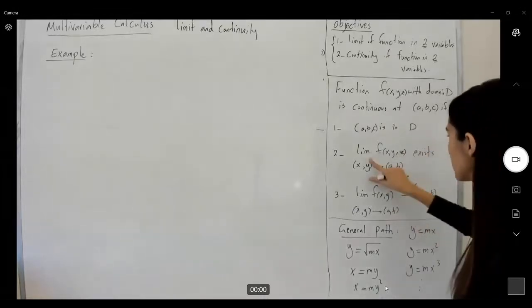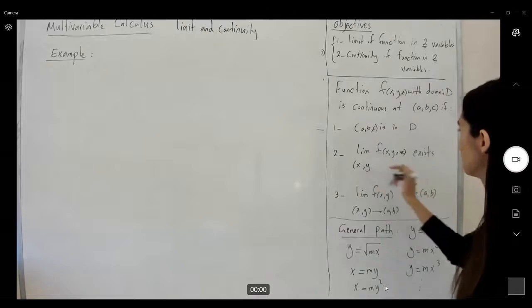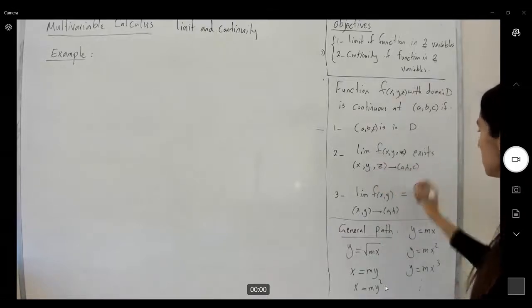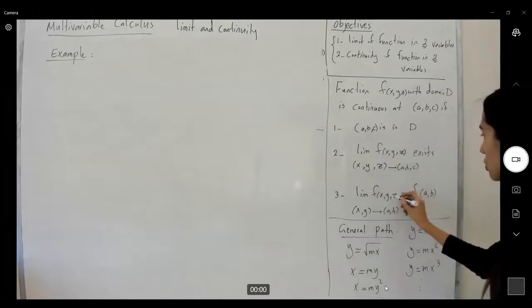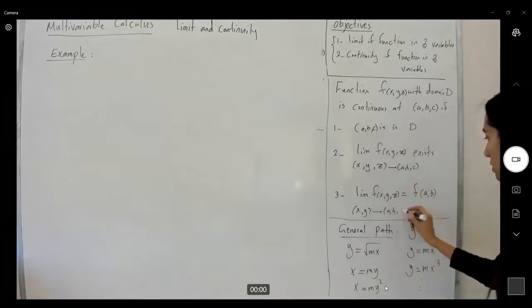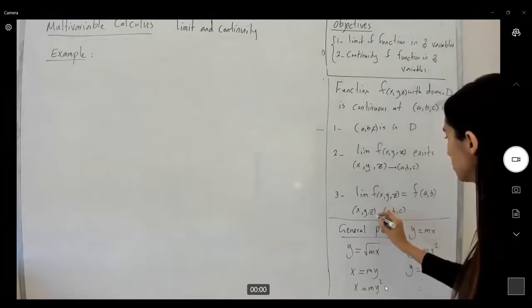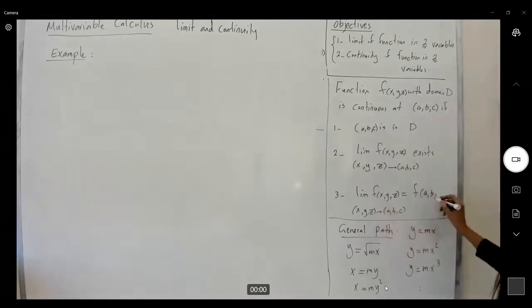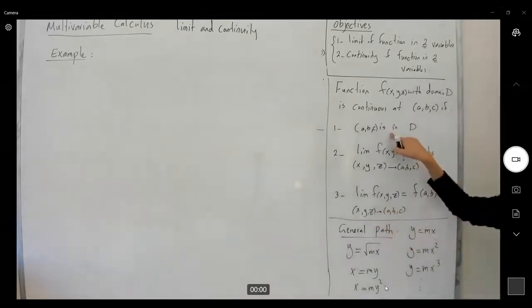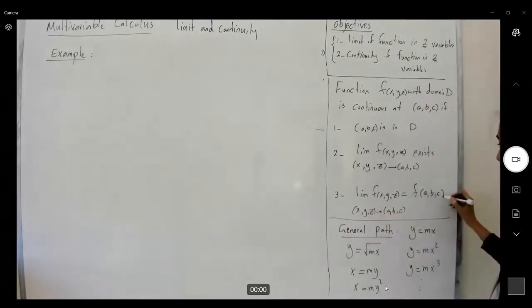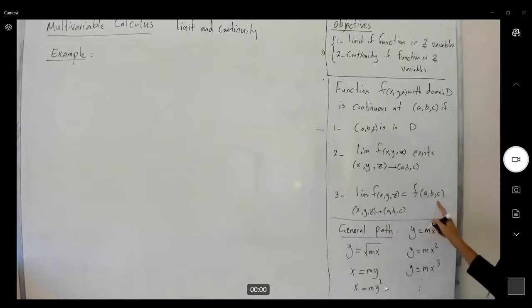The limit must exist as x, y, z goes to A, B, C. So I'm just changing these, A, B, C, and adding Z here. So it must be in the domain of the function, the limit exists, and the limit of the function must be equal to the value of the function after you substitute that point into the function.